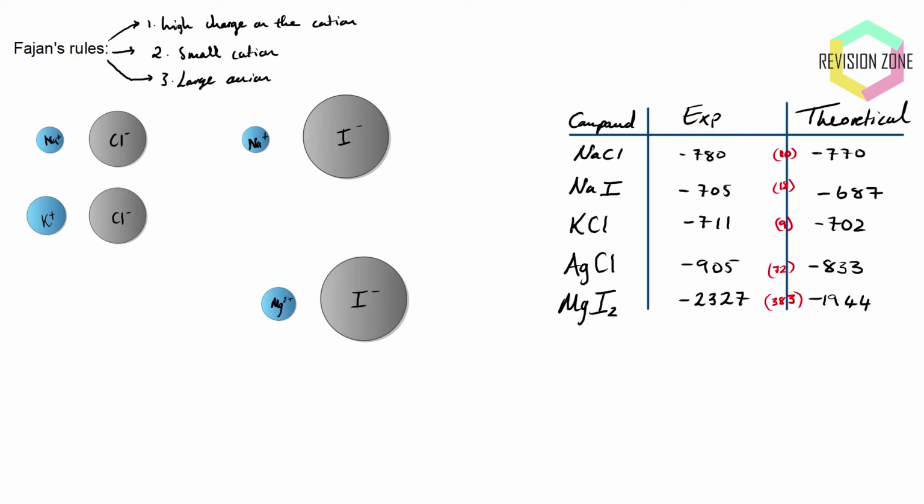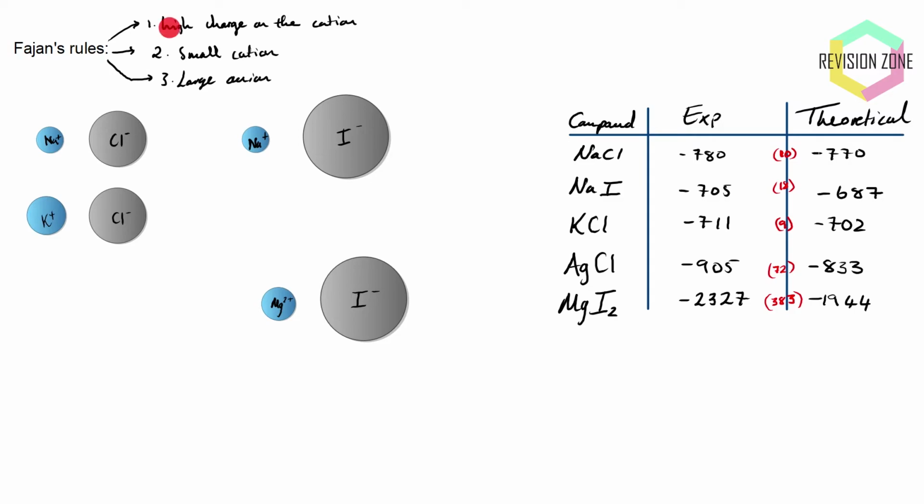So what we need to do before we can explain those differences is to make sure we understand what kind of factors affect distortion. Again, I've pre-written this out, but these three rules, Fajan's rules, determine the level of distortion.